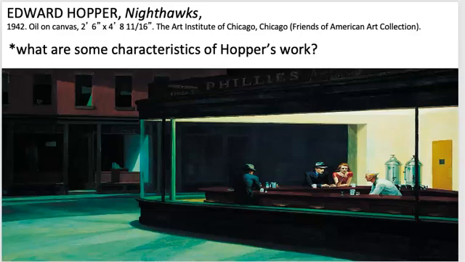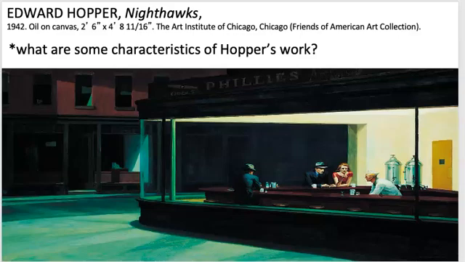So he was already a celebrated artist, because he wasn't part of the WPA. He was a little bit older, so he was already a famous artist by the time the Great Depression happened.